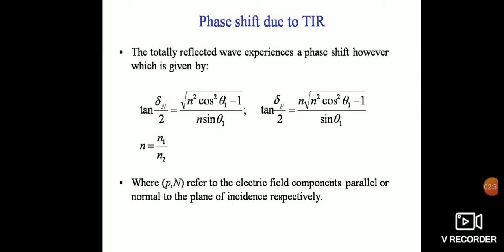Here n is equal to n1 upon n2, where P and N refer to the electric field components parallel or normal to the plane of incidence respectively.